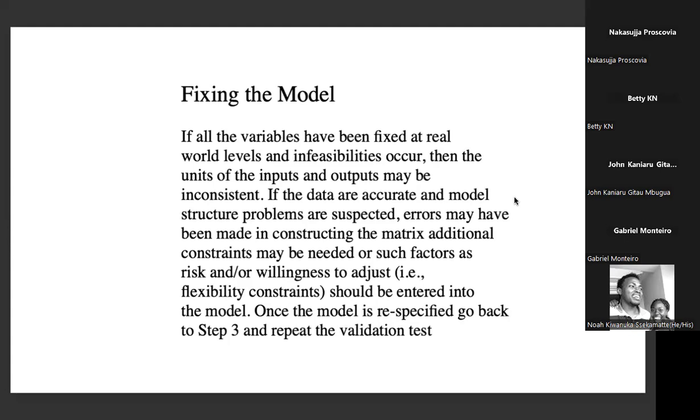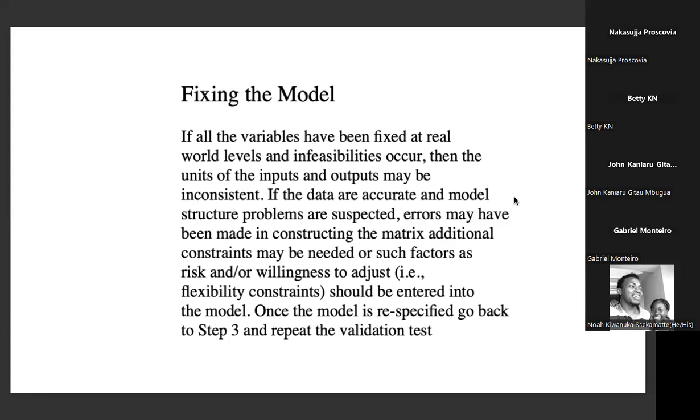So as you constructed the model, maybe you made some errors in constructing the model. So you might need other constraints, for example, risk factors or willingness to adjust risk. You have to define your risk. Are you going to look at risk based on the age, based on the sex, based on the geographical location?